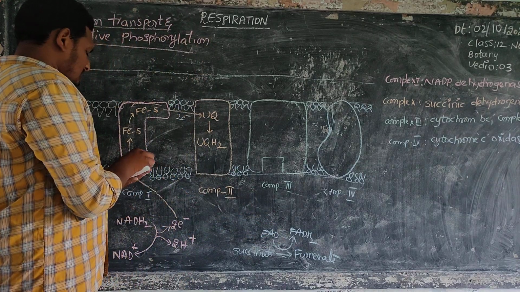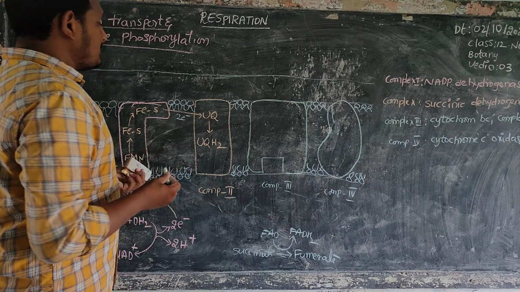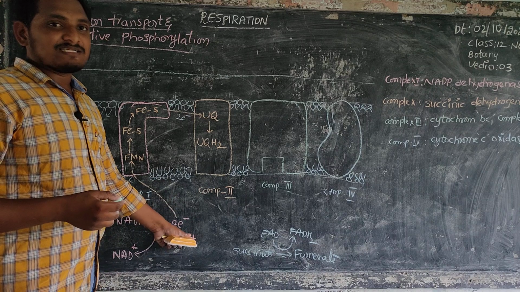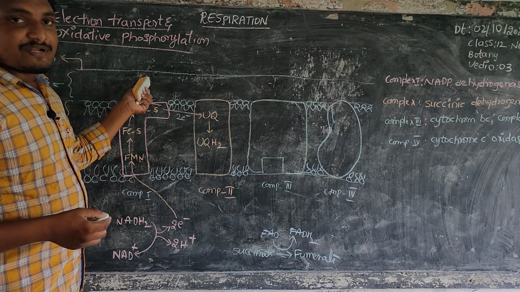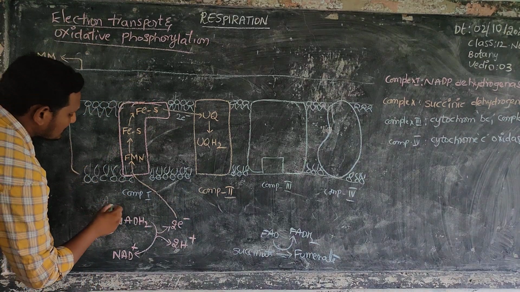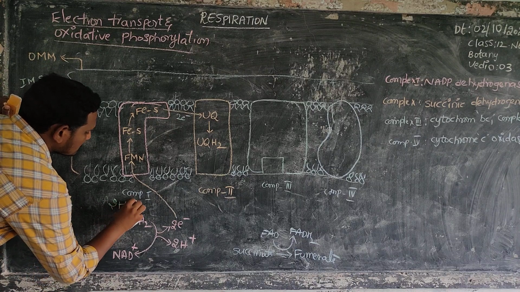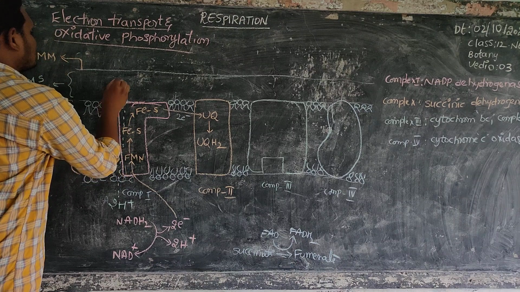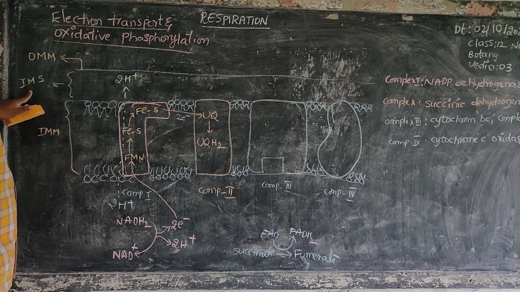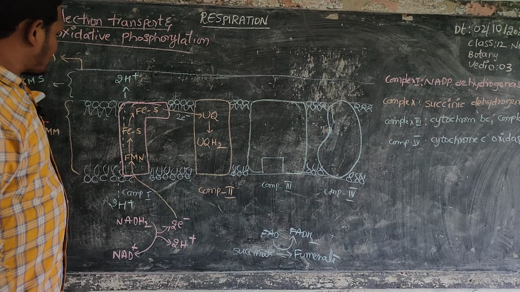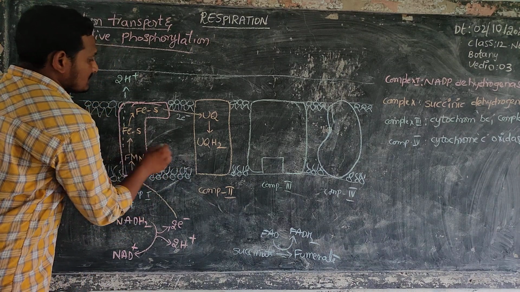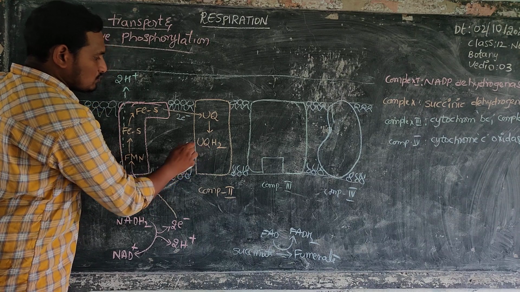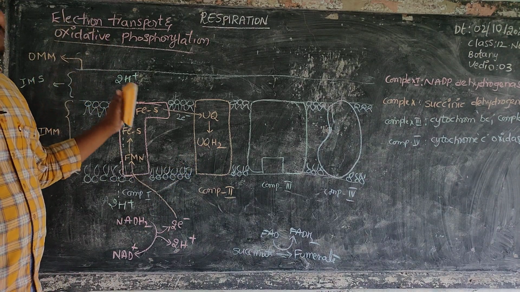Next, in this process, in two places there is pumping of protons from the matrix to the inner membrane space. It means a pair of protons is released into the inner membrane space during the electron travel through ubiquinone.